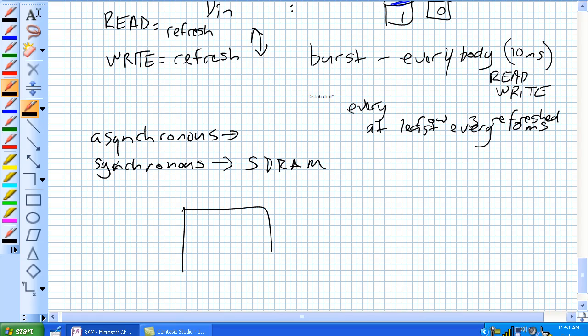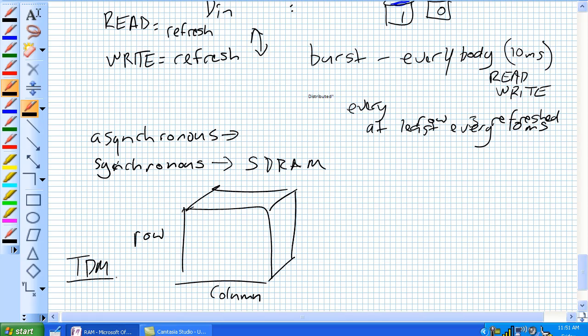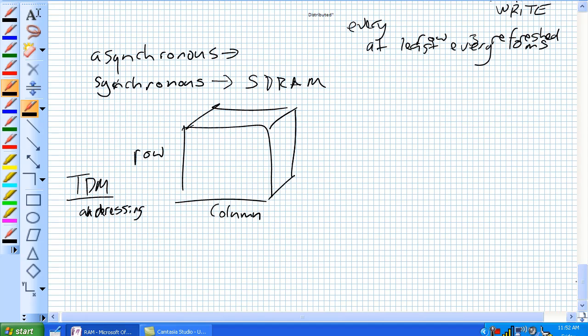So three-dimensional: row, column. We can't just access it by row, so it's not just a row address. There's this thing called time division multiplexing addressing, where you get a single address bus coming in.